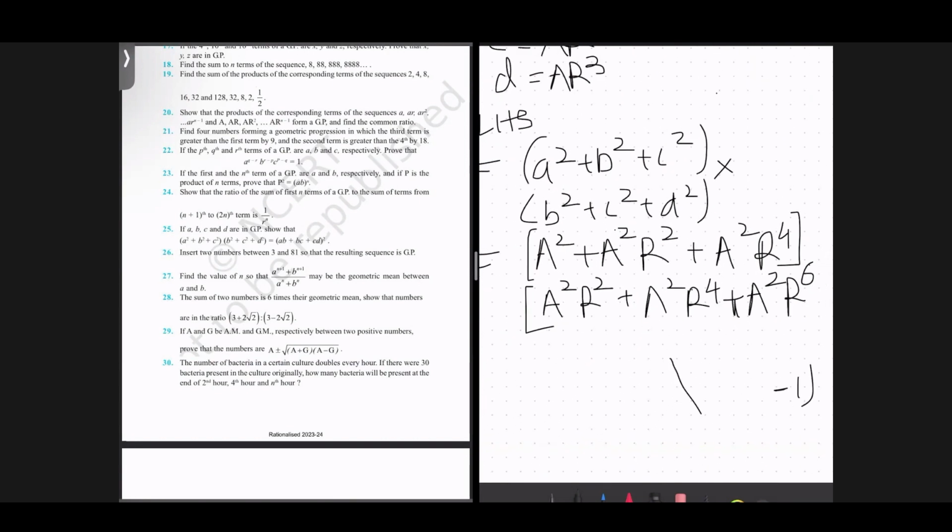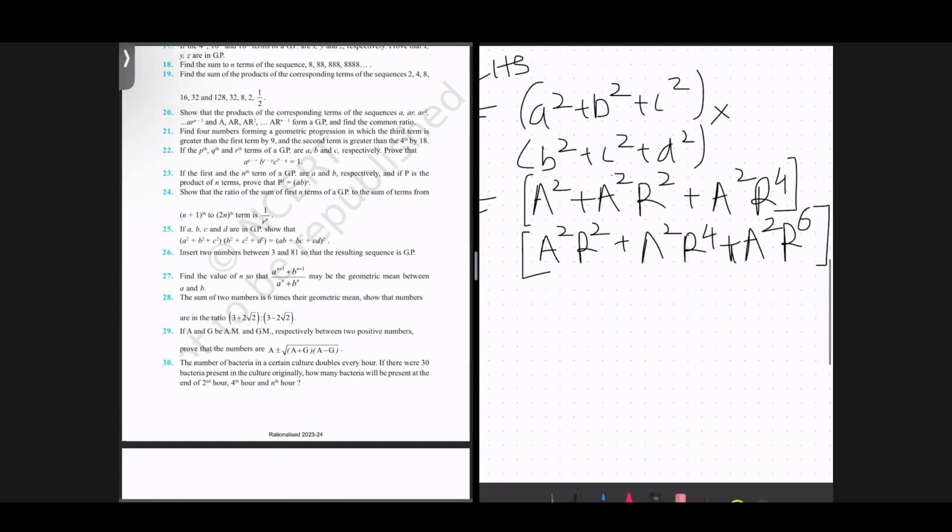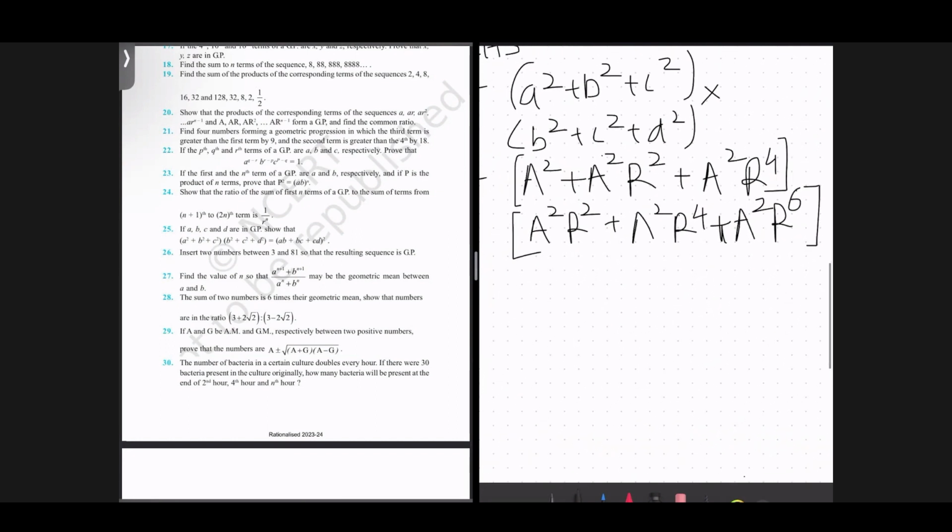Doing this, what you are now left with is you can take out certain terms common from each of these terms, and let's see what you get when you do that, right? So you can take out A square common from the first bracket. When you do that, you get A square, and here you get 1 plus R square plus R raised to the power 4.